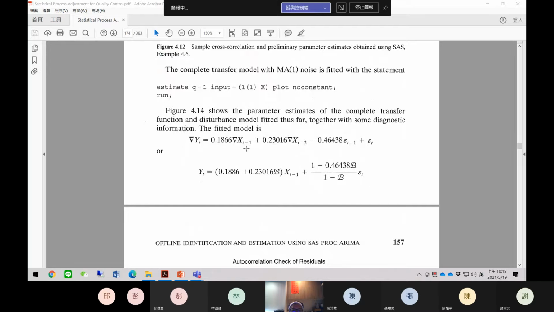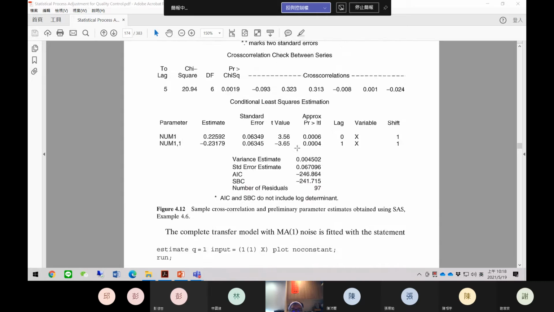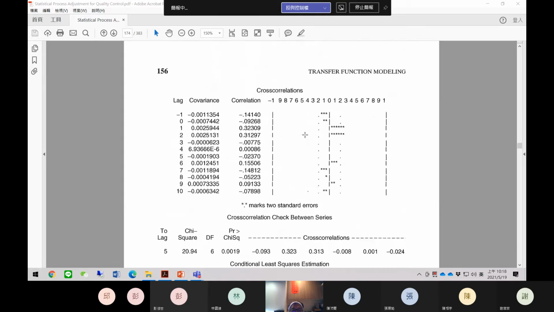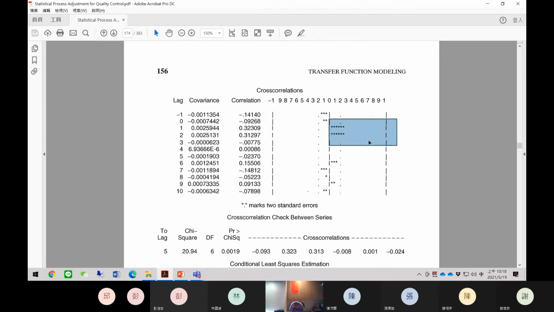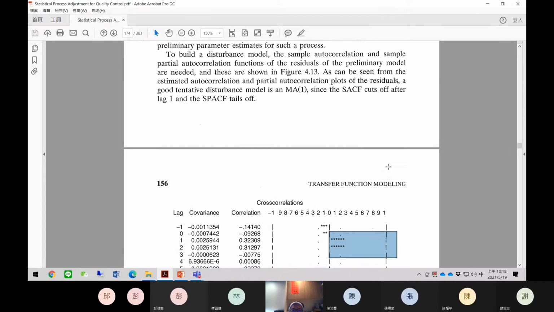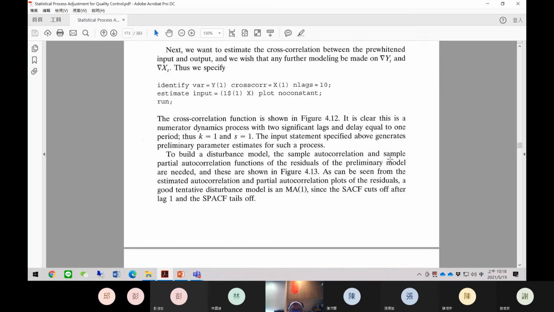So when we difference once, this is lag 1 and 2. Let me see the cross-correlation at 0, 1, and 2 right here. I'm sorry, there are two significant lags right here. Okay, then.